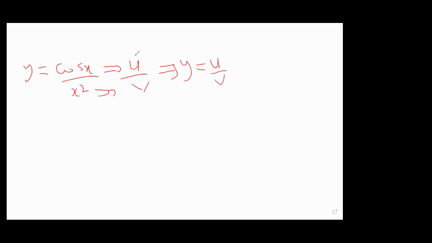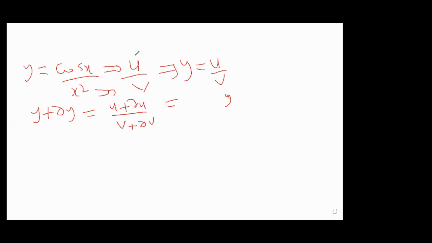And from our first principle, we have a little change in y, delta y, or del y, is equal to u plus del u all over v plus del v.